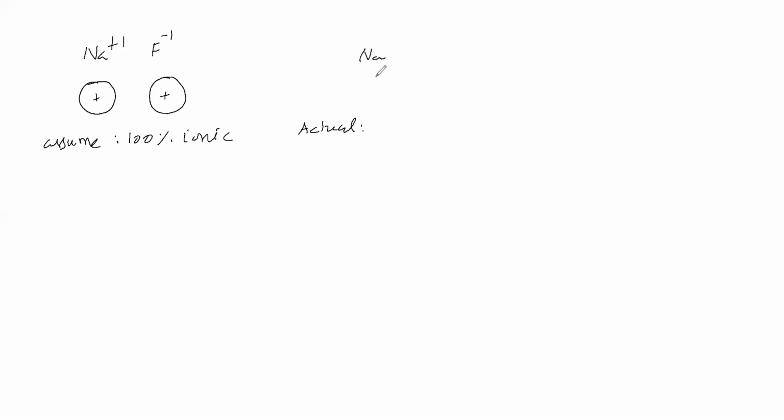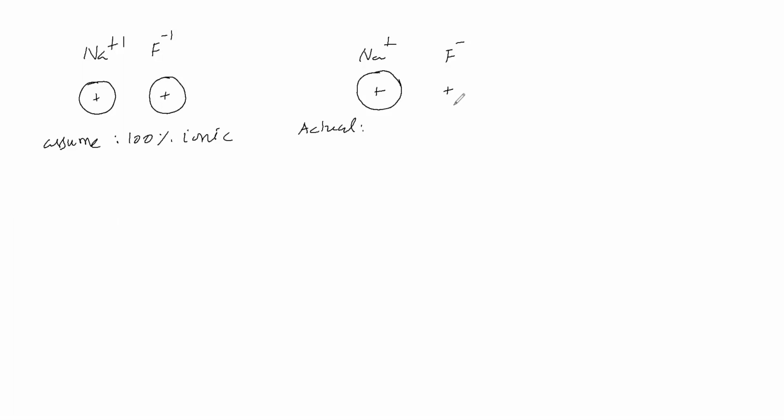Na plus nucleus and Na plus electron cloud. Then the F minus nucleus. This Na plus cation is pulling the F minus anion electron cloud.